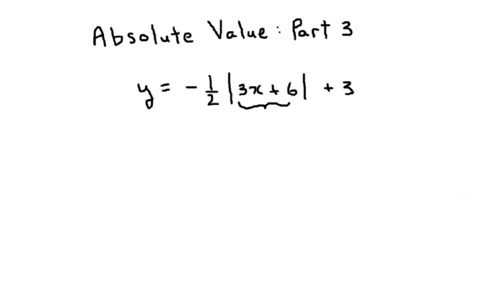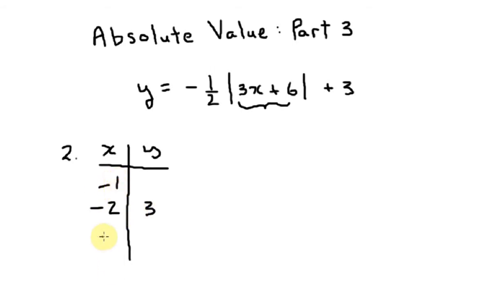Okay, so step 2, so we know where the vertex is. What we want to do is see what's going on either side of the vertex. So I'm basically going to take a table of values, and I just figured out that the vertex here is at negative 2 and 3. Why don't we see what's going on at negative 1 and negative 3?